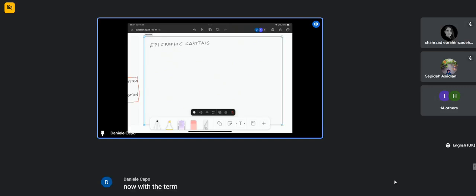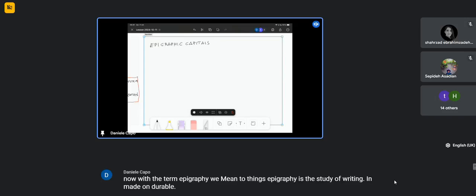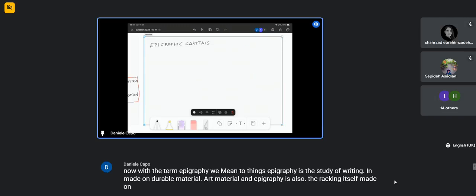Now, with the term epigraphy, we mean two things. Epigraphy is the study of writing made on durable material, and epigraphy is also the writing itself made on durable and hard materials.